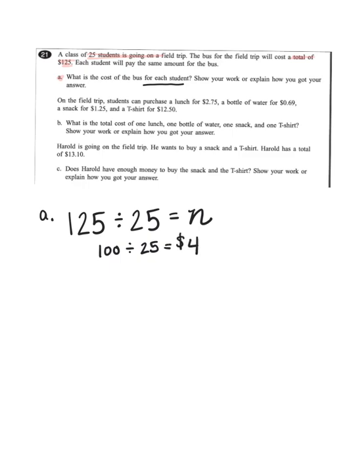So that means if you take 100 out of this $125, divide it by the 25 kids going on the field trip, each child is going to have to pay $4 so far. That still leaves $25 left to divide amongst the 25 students, which works out to $1 additional per student. That's a total of $5 per student.